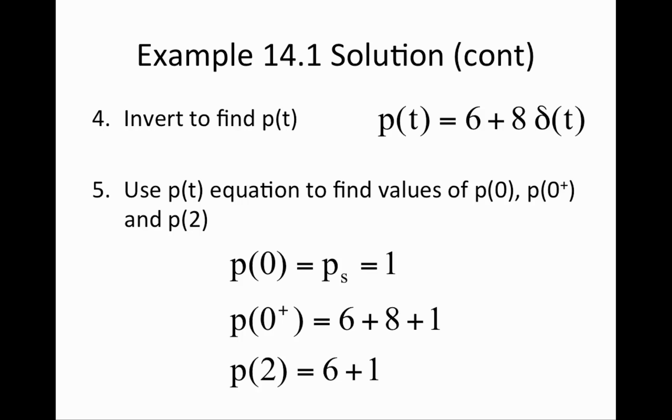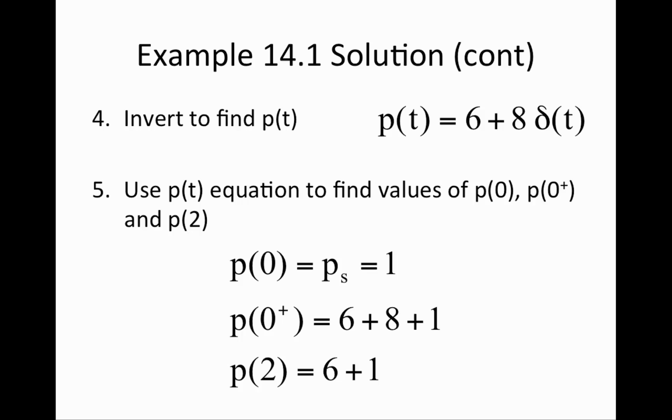So then the next step is to invert to find PT based on PS, which we get PT equals 6 plus 8 times delta t, which is an impulse function. So in the end, using the PT equation, we can find the values of P0, P0 plus, and P2. At time 0, where there's no feedback input to the system yet, and we have only the steady state process adjustment. Therefore, P0 equals PS, which is 1.